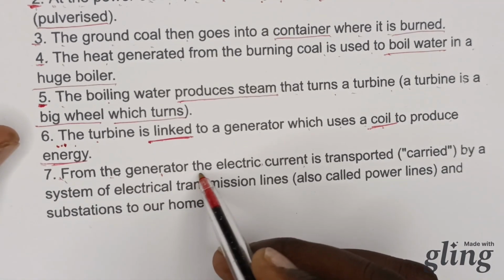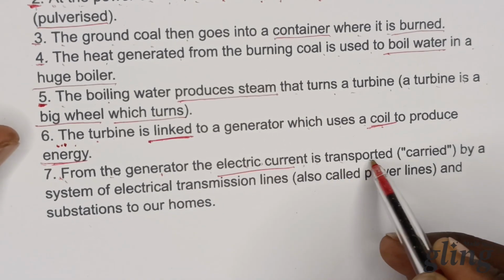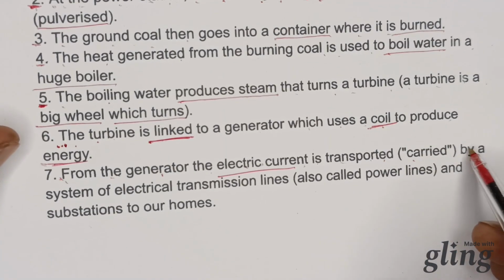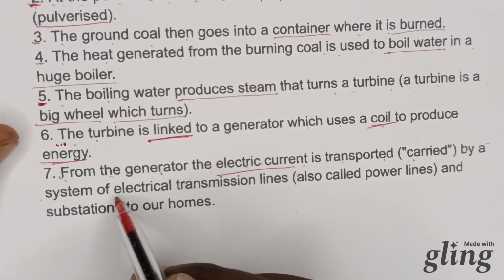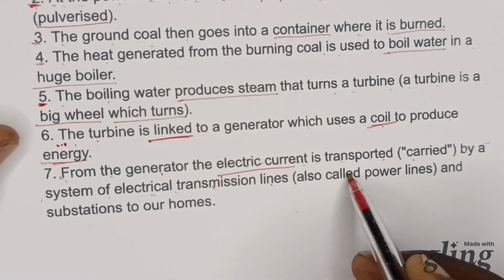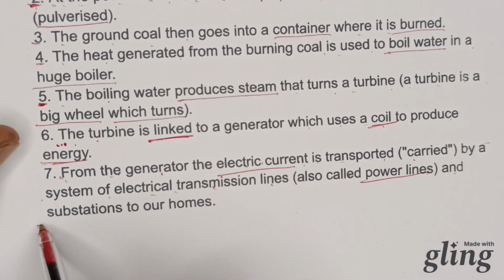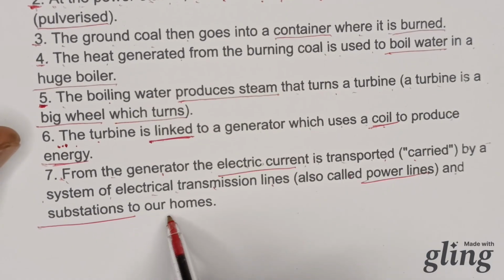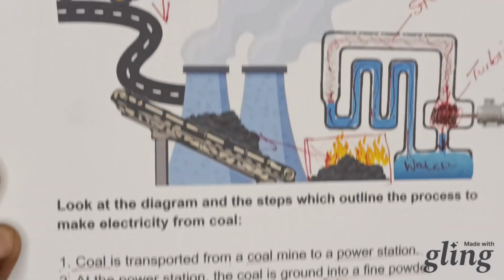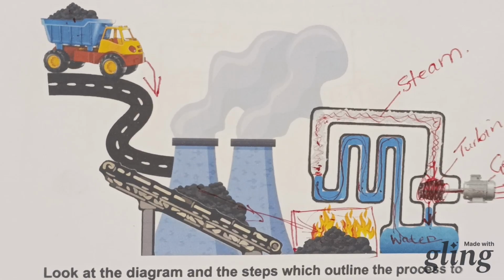From the generator, the electric current is transported or carried by a system of electrical transmission lines, also called the power lines, and substations to our home.